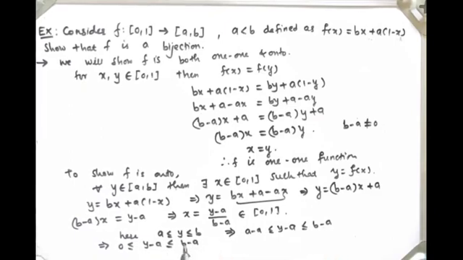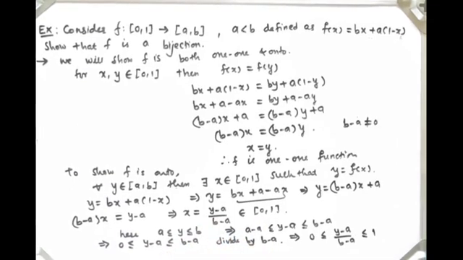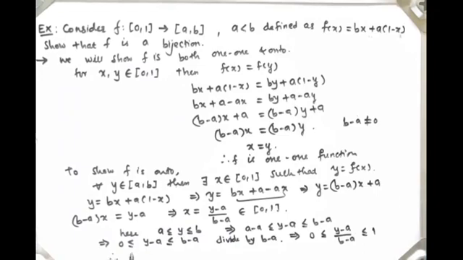Divide throughout by b minus a, and we get 0 less than or equal to (y minus a) upon (b minus a) less than or equal to (b minus a) upon (b minus a), which is 1. So (y minus a) upon (b minus a) lies between 0 and 1, which means x is equal to (y minus a) upon (b minus a) belongs to [0, 1]. Therefore, f is an onto function.